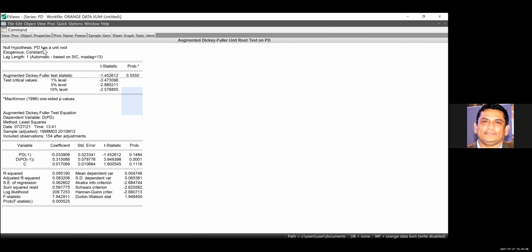That's why we can't use this level variable. So you see that PD has a unit root and it's accepted, right? Meaning that it's not I0, right? And the same thing, here I use the constant or the intercept, or sometimes we say the drift.